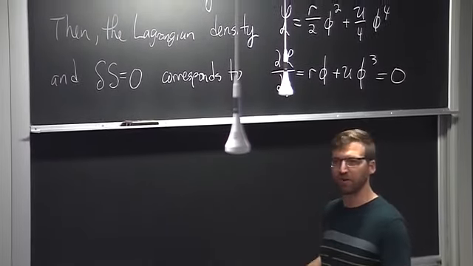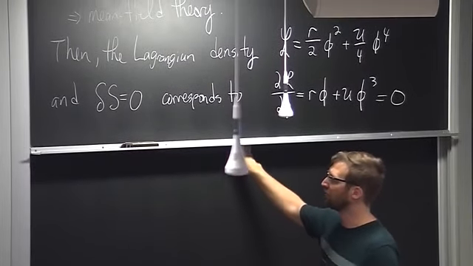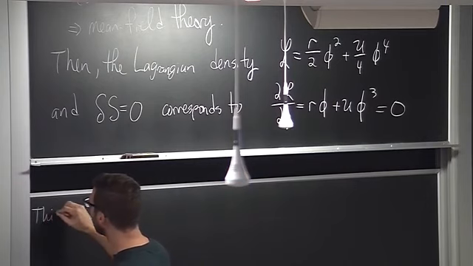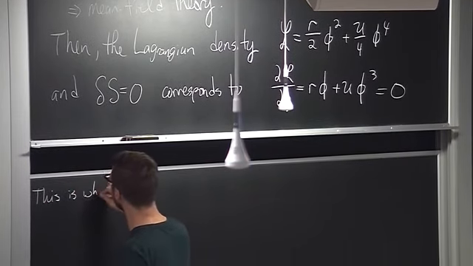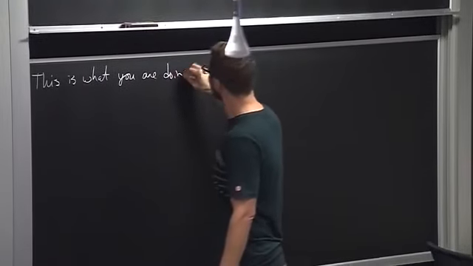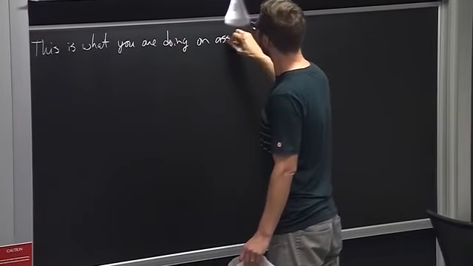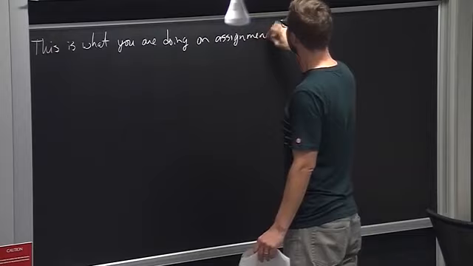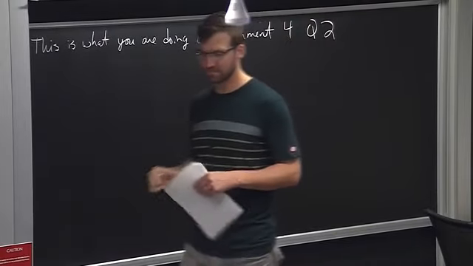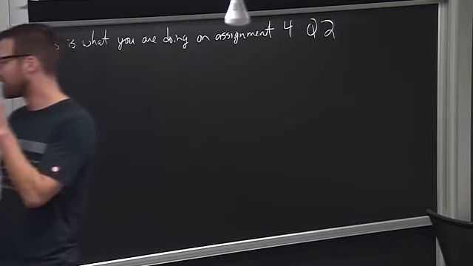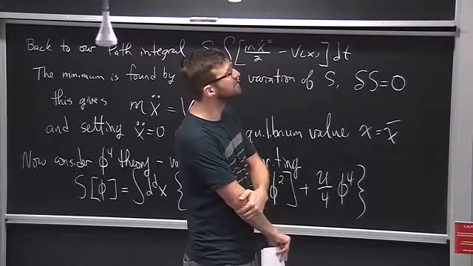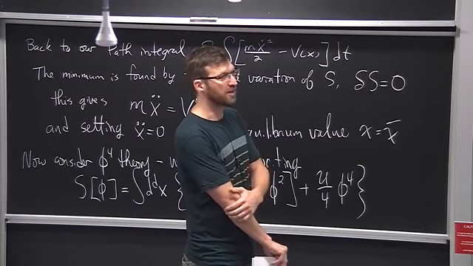This is basically what you're doing on assignment 4, question 2. You're deriving the equation of motion in this very simplified case that corresponds to a mean field theory.